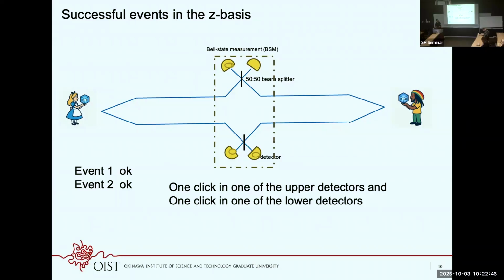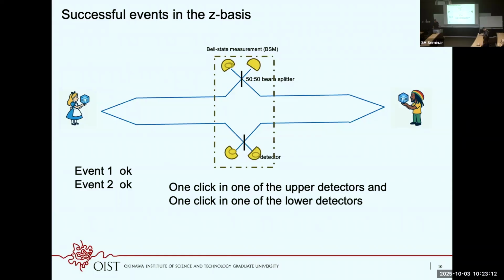You can see, for example, this detector click or this other detector click. But of course, he doesn't know whether this click is due to a photon coming from Alice or from Bob. So that's the reason why we put this 50-50 beam splitter here, to basically wash away the information about where the photons arrived from.